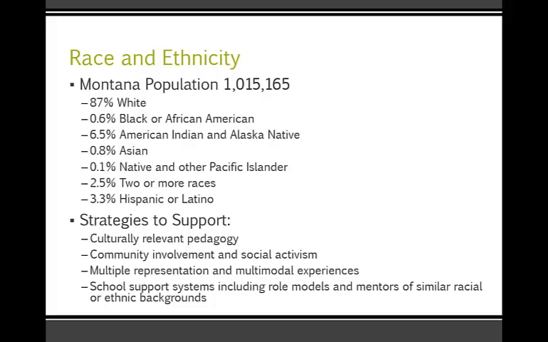A lot of the resources out there to address race and ethnicity therefore become less than relevant to our conversations about instruction because we don't have the huge populations of non-white people. Our largest non-white population is our American Indians, which we do have a lot of information to support.